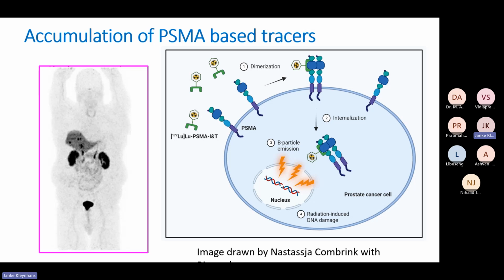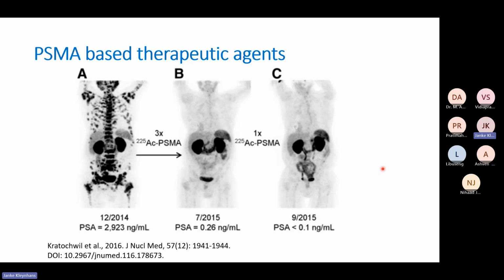If your target binds, it undergoes a biological activation and gets internalized, taken into the inside of the cell, and then you have your therapy. It radiates the cell from the inside. So this is how, with lutetium or actinium in this case, the alpha emitter, both the soft tissue lesions as well as the bone lesions are treated. So this is quite a viable treatment.